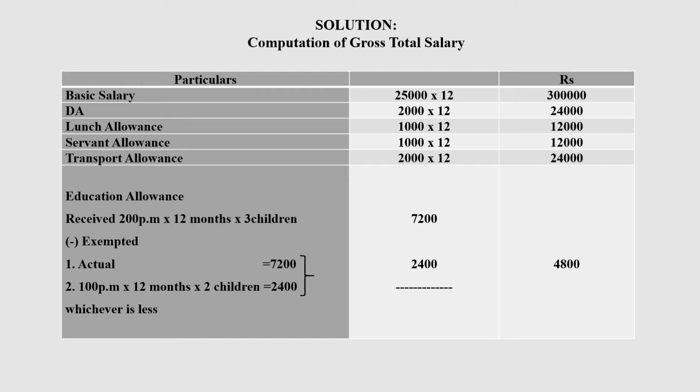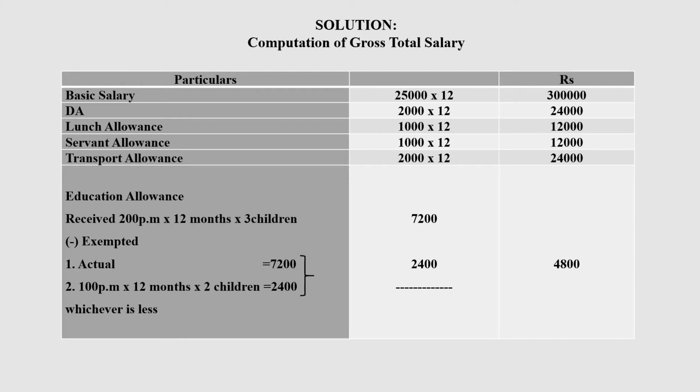Coming to education allowance. We have an exemption rate that is given, whether it is the actual amount or 100 rupees per month for 2 children is exempted from tax. So how do we work this out? First, we'll take what he is receiving. He is receiving 200 per month for 3 children. So 200 into 12 for 3 children, 7,200.